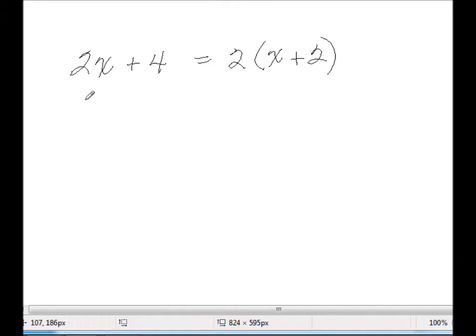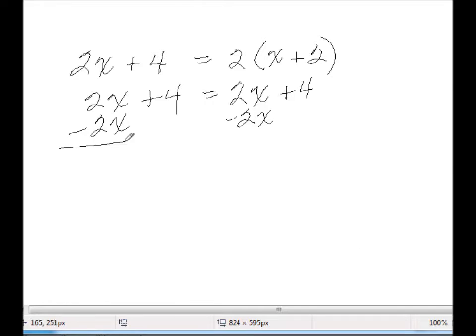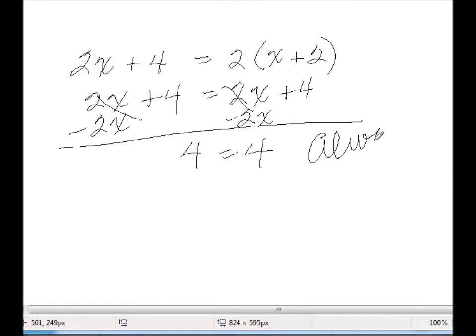You can see I'm setting you up for a fall again. 2x plus 4 equals 2x plus 4. Subtract the 2x, subtract the 2x, kill, we get 4 equals 4. Well, this is true when 4 is equal to 4. Is 4 equal to 4? Always.